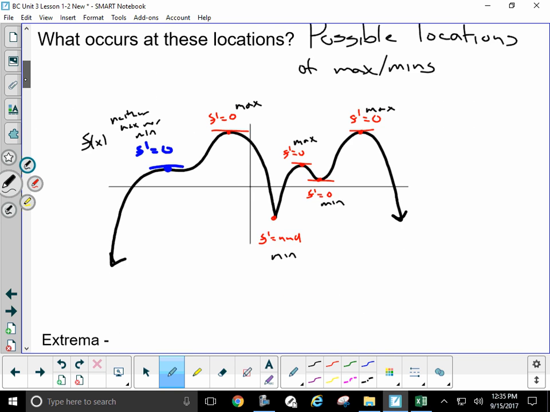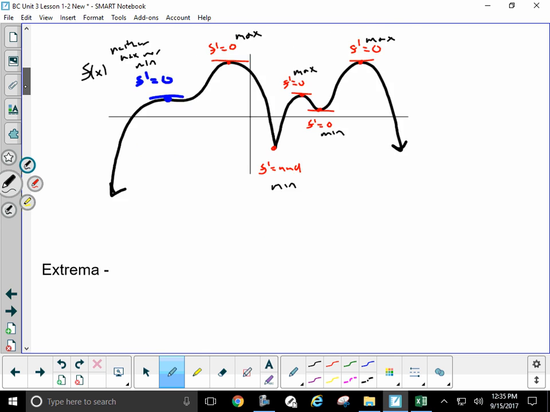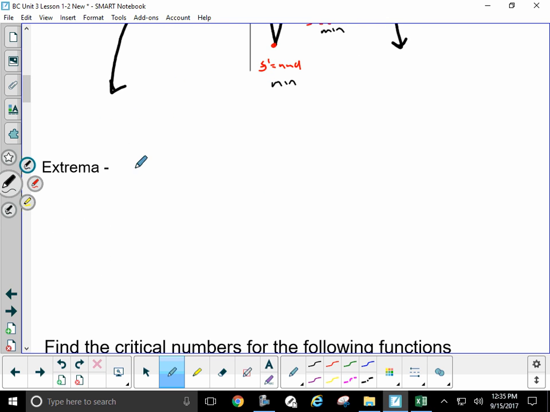Okay, now another fancy math word for maxes and mins is extrema. There's two types of extrema.